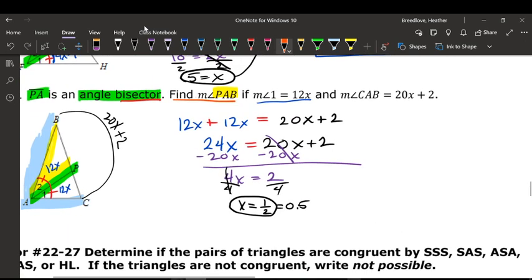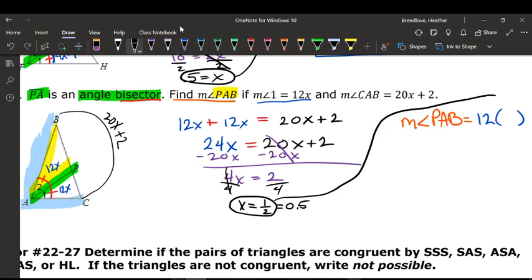So the measure of angle PAB is going to equal 12x. But instead of x, I'm doing parentheses, and I'm going to plug in my value of x, which is half. So the measure of angle PAB equals half of 12. Half of 12 is 6.